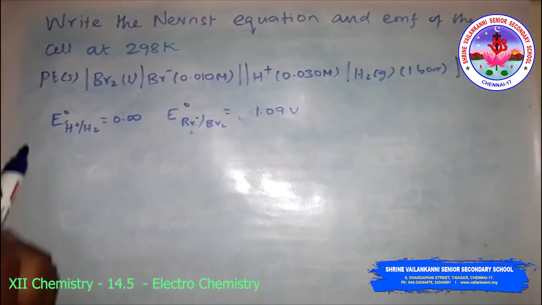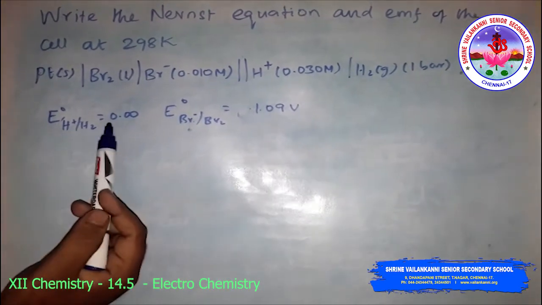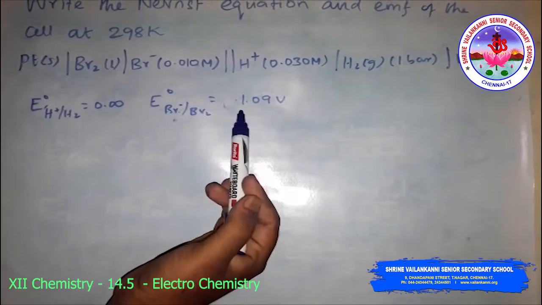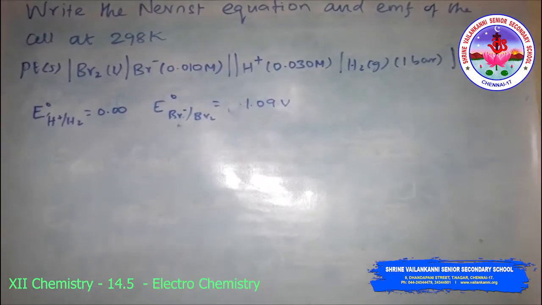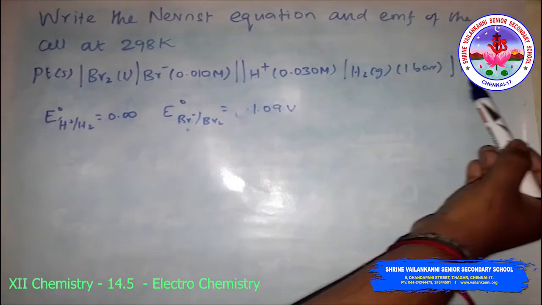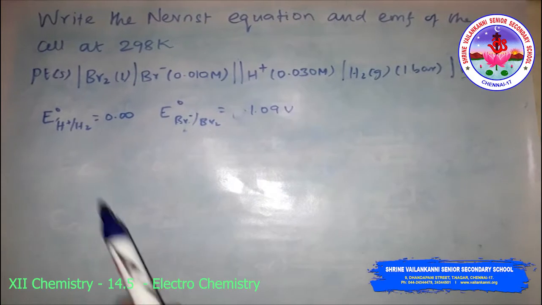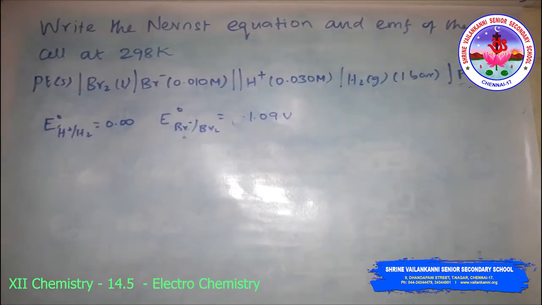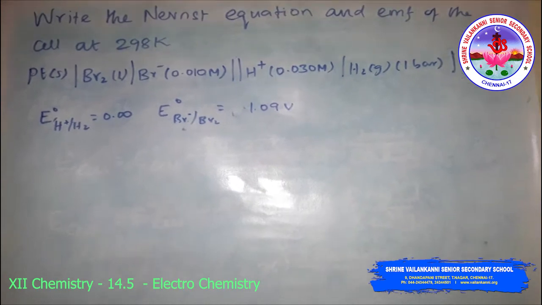The E naught for H plus/H2 is 0 volt, and for bromine/bromide ion is 1.09 volt. The platinum metal is a solid, so it is taken as unity.